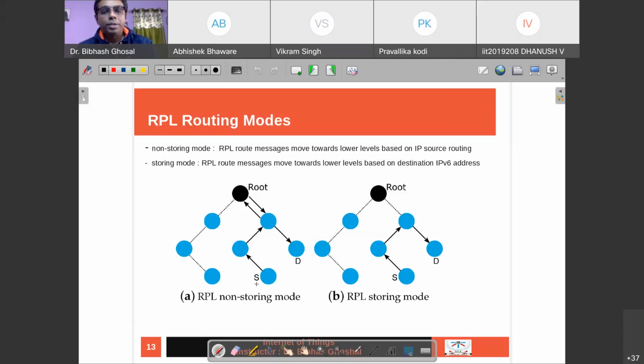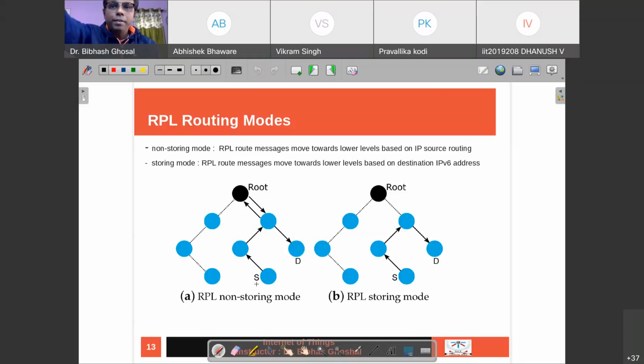So whatever it is, it can be a fixed path, or it can take help of IPv6 addressing. Okay, if it is IPv6 addressing type of routing messages towards the lower level, you call it storing. And non-storing is because you have fixed up the path, so there is no need for storing the information. So it's called non-storing.